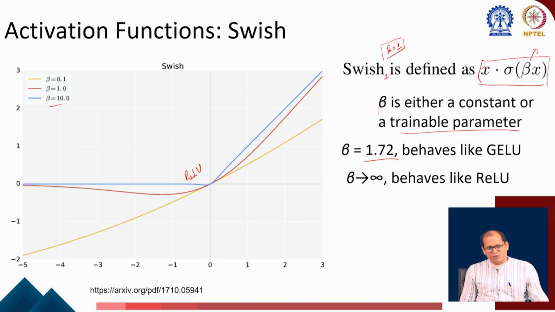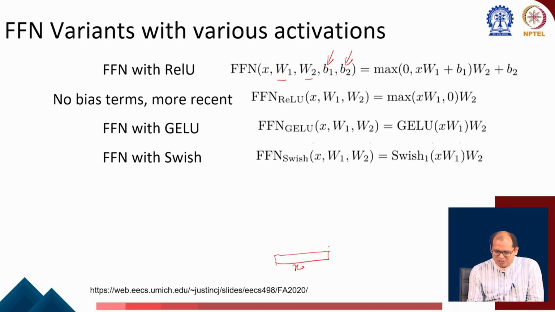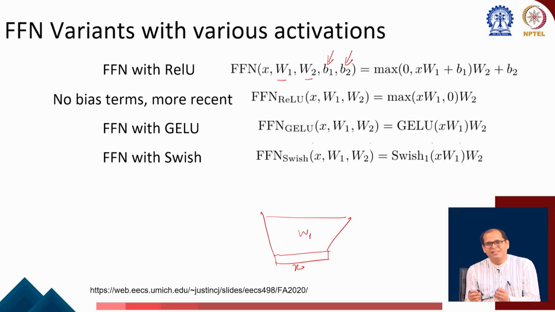Now, this is the activation function. What is happening to the feed forward network that we talked about? What is the variation that people are using? This is our original model. We may not have talked about the bias terms, but generally the original formulation comes with bias terms. So you have two matrices, W1 and W2. You have the input x, and you multiply by W1, then you have a nonlinearity, which can be ReLU.